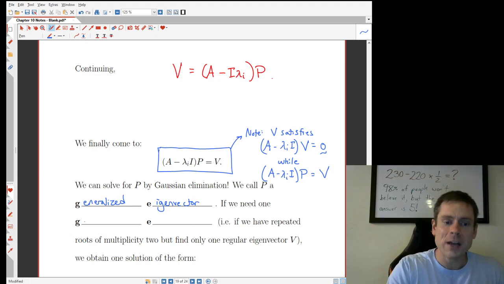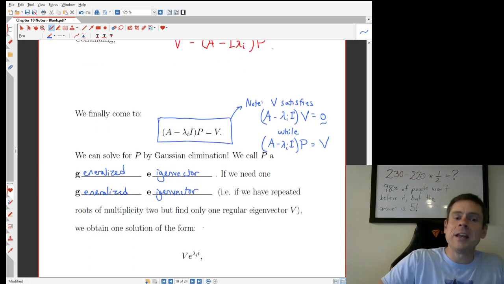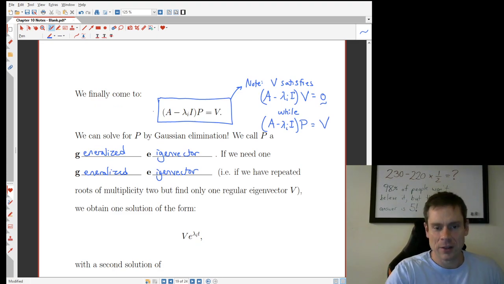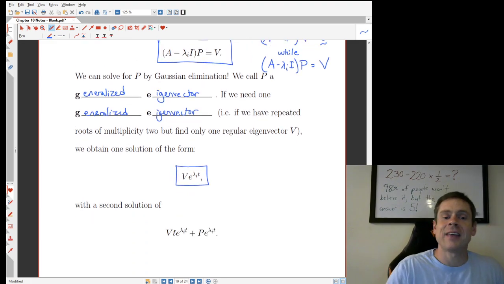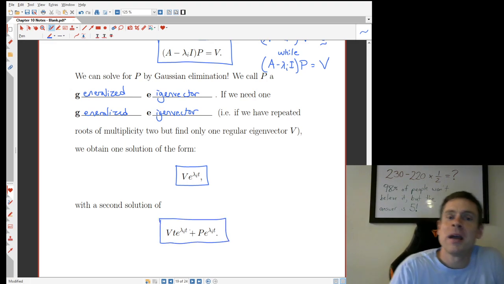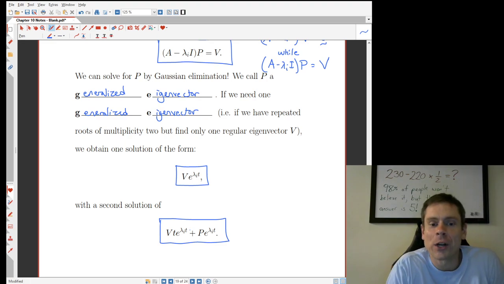If we need one generalized eigenvector, so that is we find a repeated root of multiplicity 2, but we only find one regular eigenvector v, we obtain one solution that's what we usually would get, like this, and a second solution of the form that we searched for. So you stick v now in front of a t e to the lambda t term, and then add in this new p thing. Okay? So that is how this is going to work.